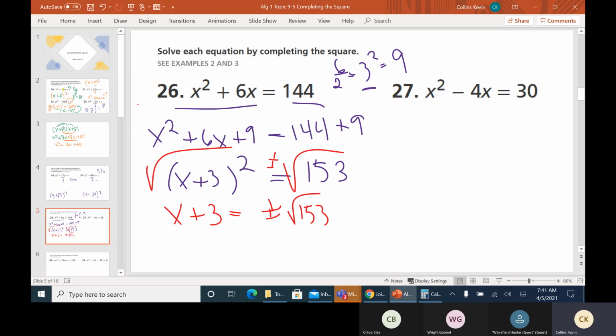And we do that by subtracting 3, right? So we subtract 3 here, subtract 3 here, so we end up getting x equals negative 3 plus or minus the square root of 153. Believe it or not, that ugly thing's your answer.